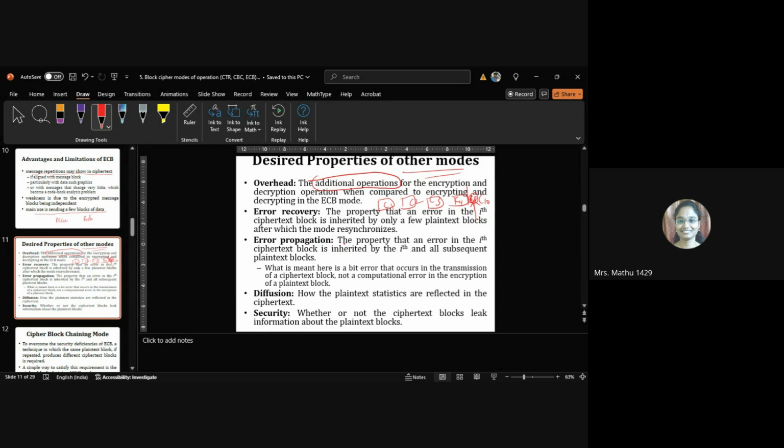And this is also the same thing, error propagation: the property that an error in the ith ciphertext is inherited by the ith and all subsequent plain text.